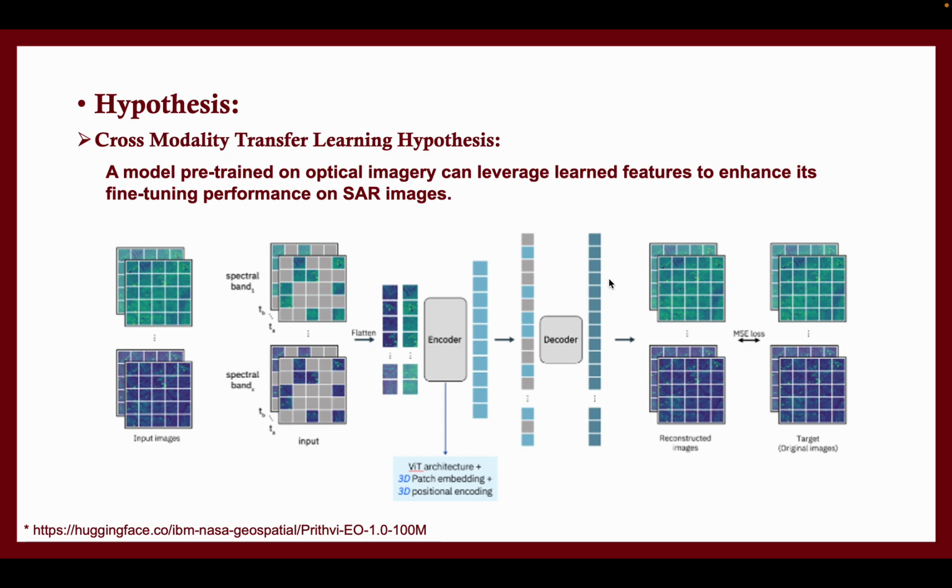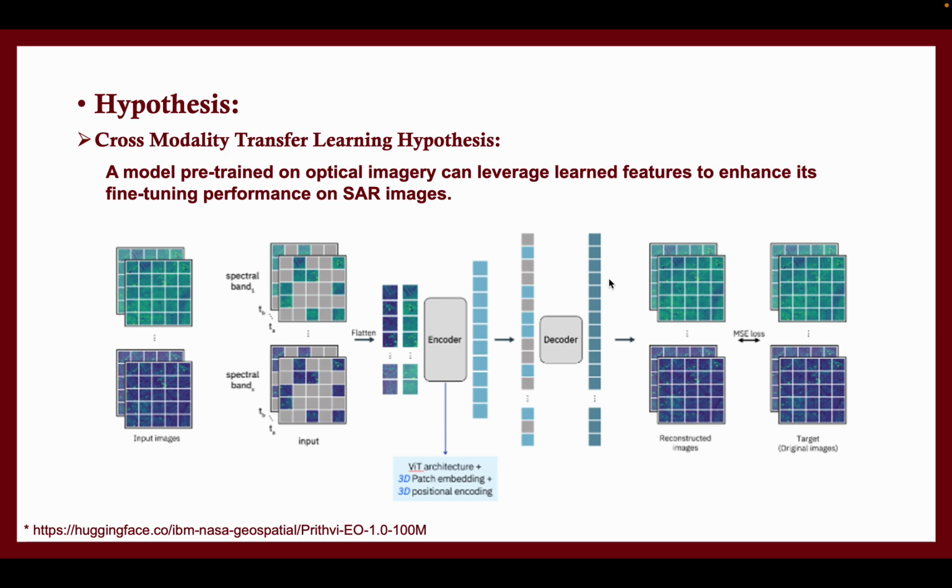I want to investigate if a model pre-trained on that kind of data can leverage the learned features to enhance its performance when we use it on a SAR imagery dataset. SAR images are usually one-band images, which is basically a different thing from optical images.